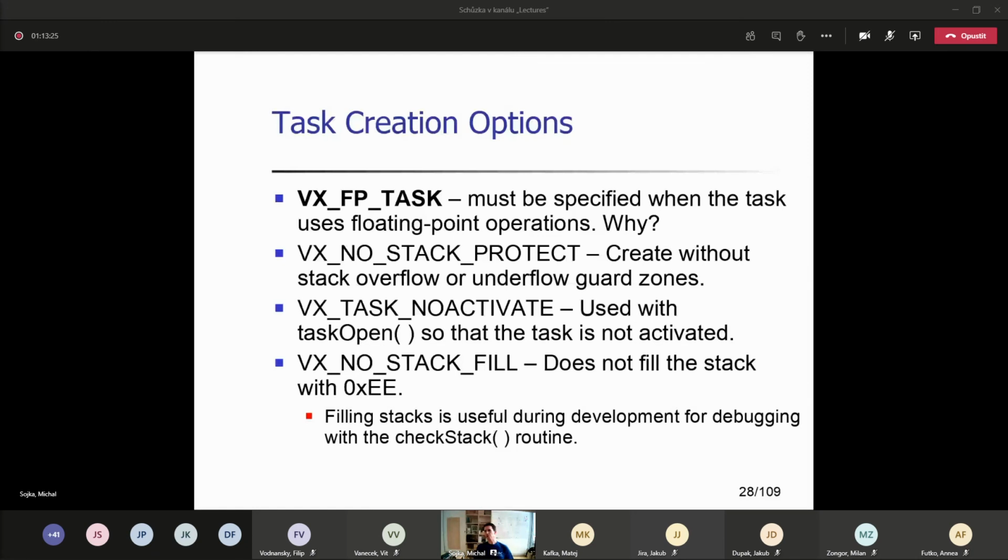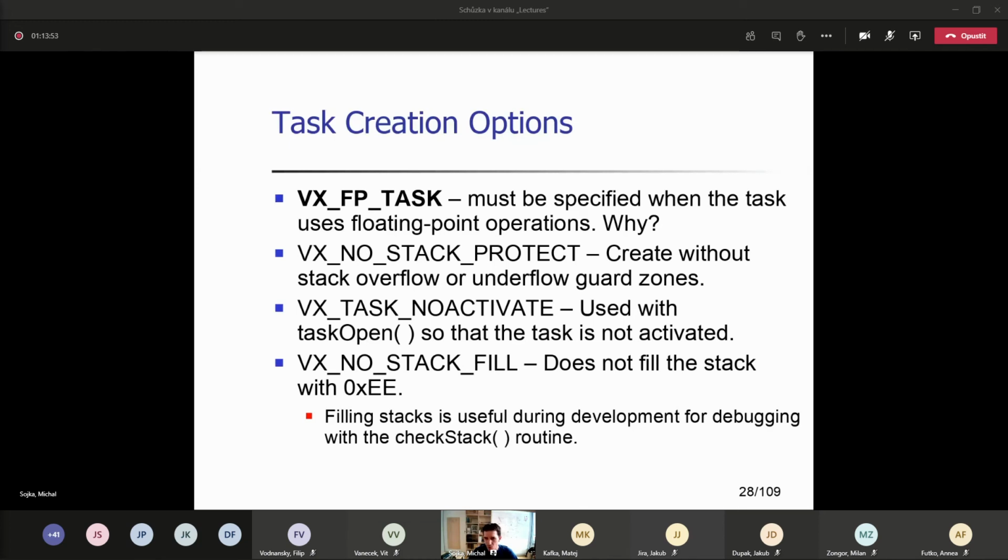The reason is similar to why you need to specify the memory size exactly. For normal operating systems, you don't care about whether the task uses floating point operations or not. The operating systems just magically cope with whatever you use and do the right thing. But it has some cost in terms of timing determinism.